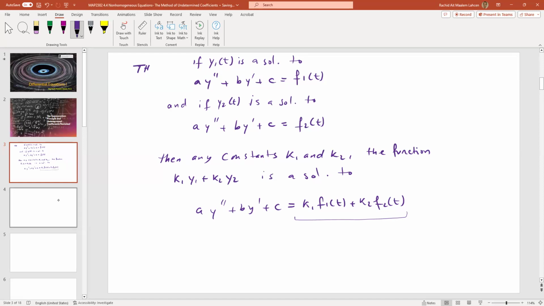Can we prove this is correct? Yes, the proof is straightforward.